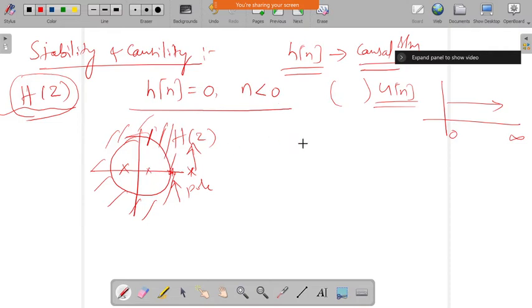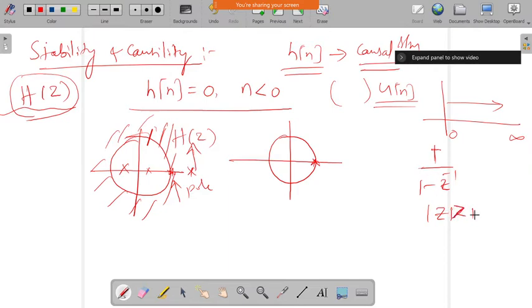Now if the system is said to be causal as well as stable, then all the poles should be inside the unit circle. Because we know that the z transform of u of n is 1 over 1 minus z inverse, the ROC should always be z greater than 1, and we can have the poles within this unit circle.